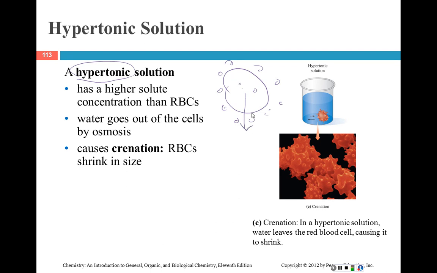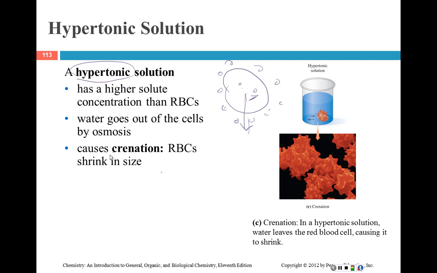This is a little bitty red blood cell, and this is a really big environment, so its water would continue trying to dilute this. It would keep doing it till it didn't have any more water inside, and it would basically implode and shrink and stick to itself.